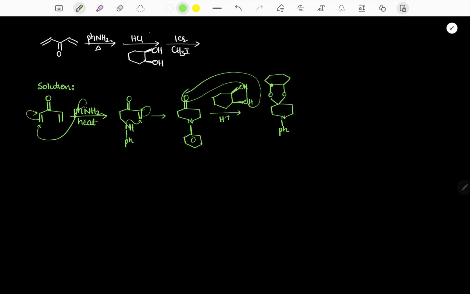And here stereochemistry does not change. So this functional group is known as ketal, also known as acetal.